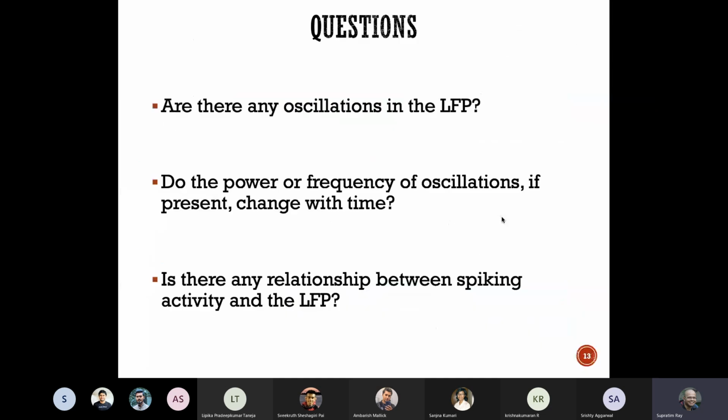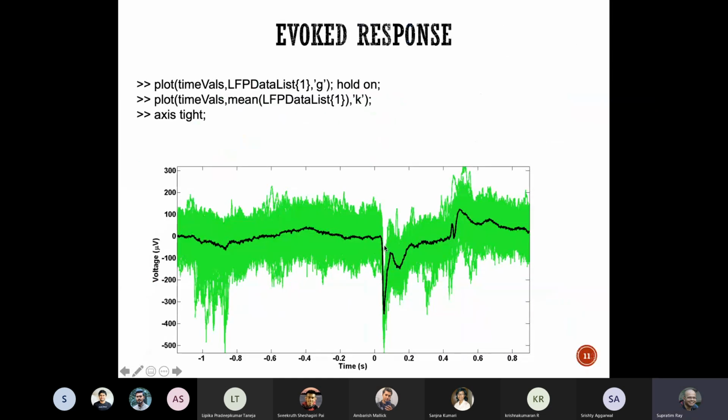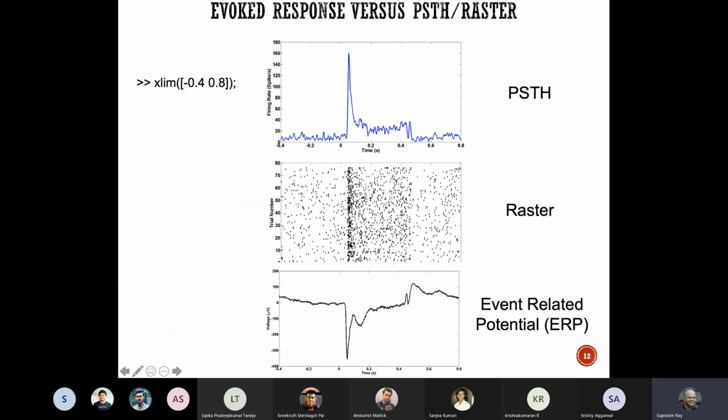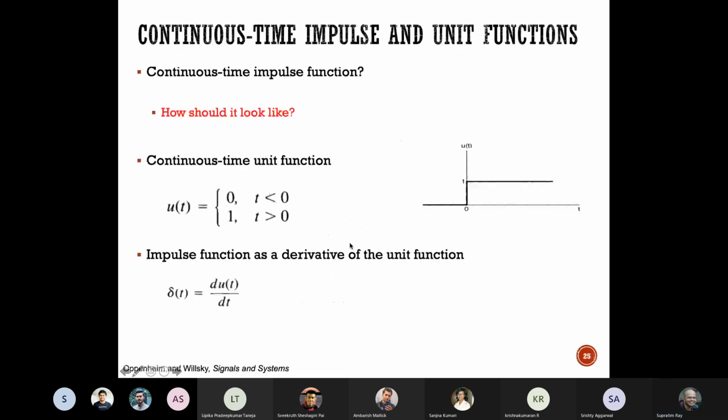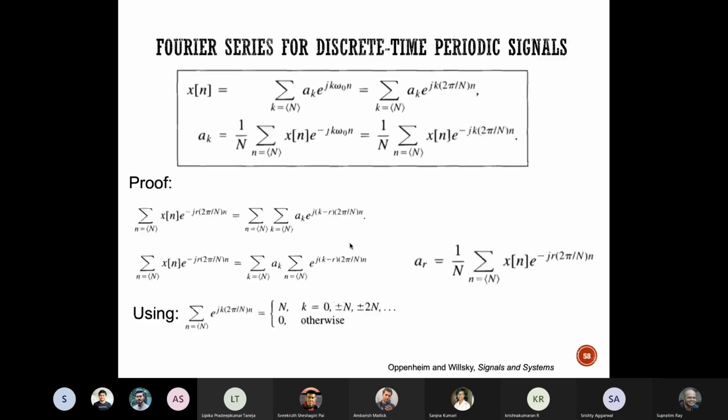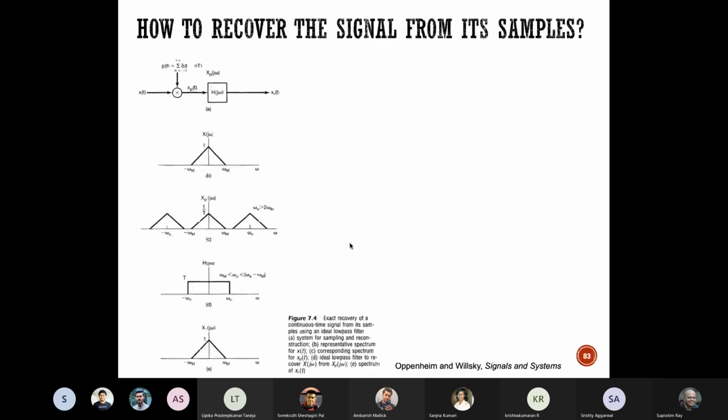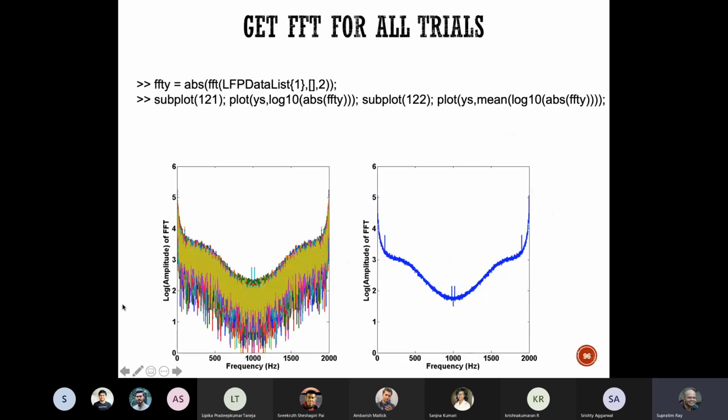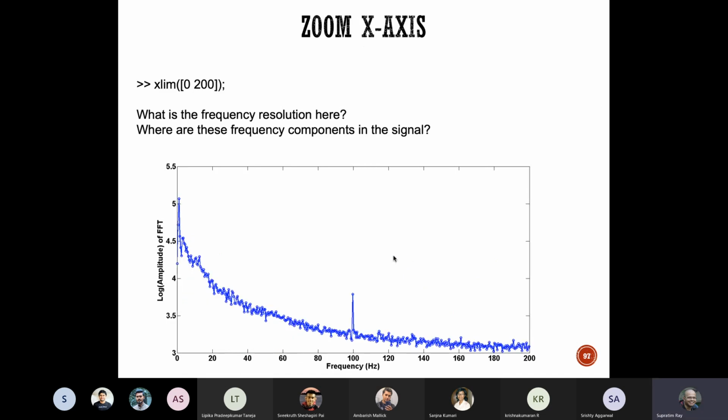We would get this black trace. Okay, so now I compute the Fourier transform of each of these. So that's now 76 of this, and then I average that. So the question is, is this the Fourier transform of the ERP? Yes or no?